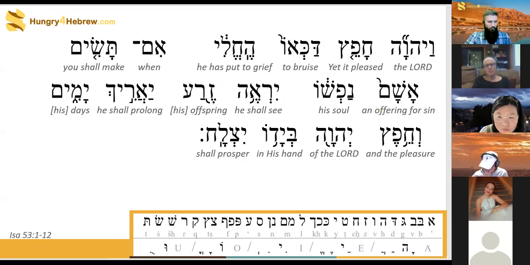Jared, why are there no suffixes on offspring and days, zera and yamim? I wonder if it's the one that is crushed and bruised that is the subject. The one who is now essentially the Messiah shall see offspring, and Messiah shall prolong days.